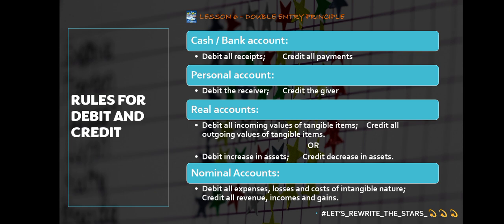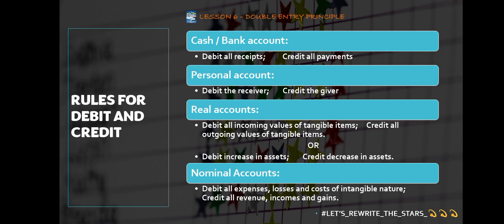When we say debited, it means we are recording it at the debit side of the T account. When you hear me say debit entry, it means we are recording at the debit side or the left side of the T account. And when I say credit entry, it means we are recording at the credit side or the right side of the T account.